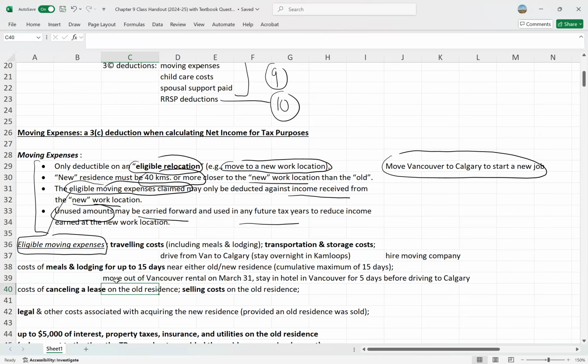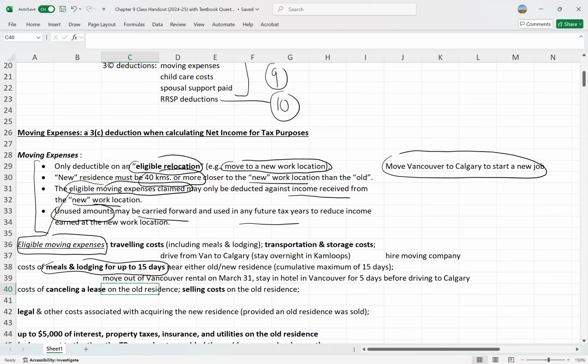So you were finishing your tenancy at the end of March. You move out at the end of March, but you still need to stay in Vancouver for a few days to wrap everything up. So you stay in a hotel for 5 days before driving to Calgary. The meals for the 5 days and the hotel stays for the 5 days would be added to eligible moving expenses as well.